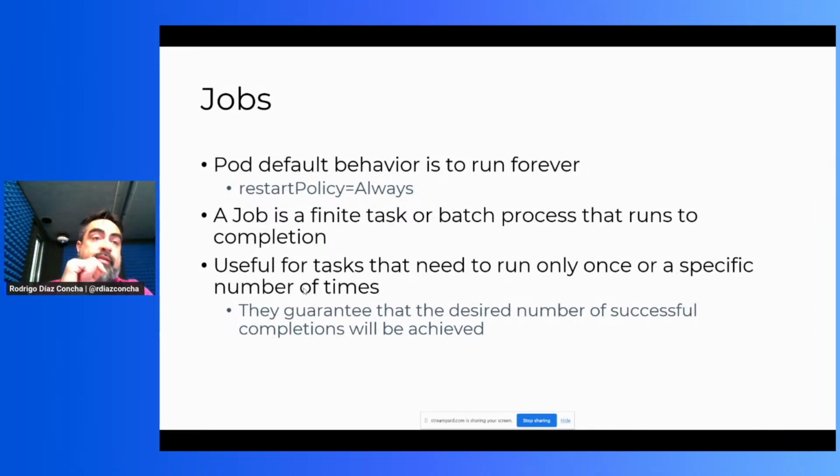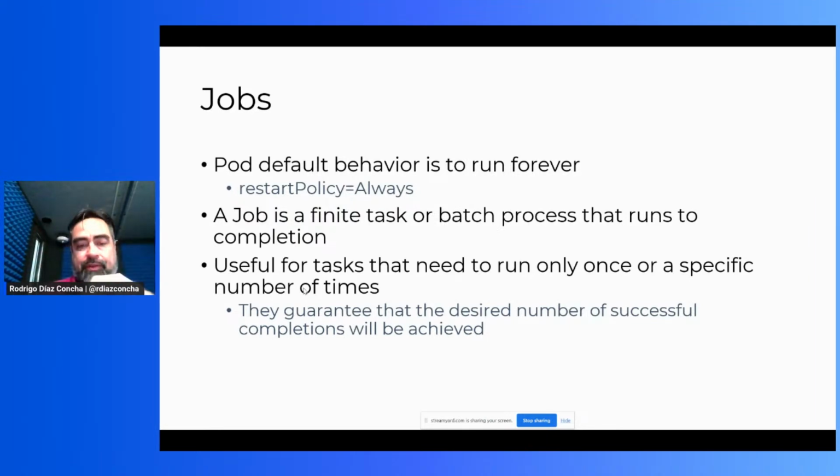So jobs allow you to run a task or batch process that runs until completion, okay? And this is useful for, I don't know, maybe something that you need to run, and you want to be sure that that task completes successfully, okay?